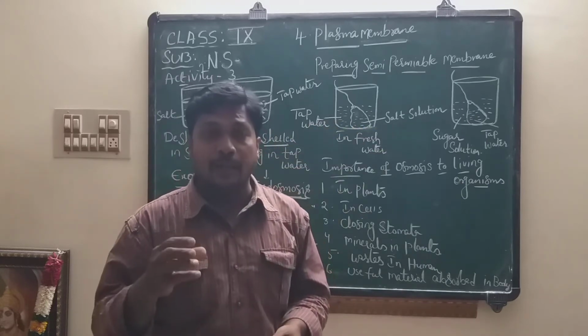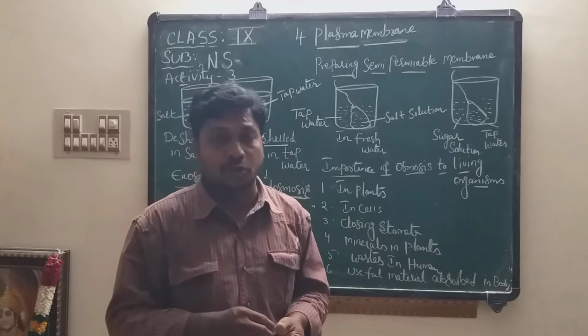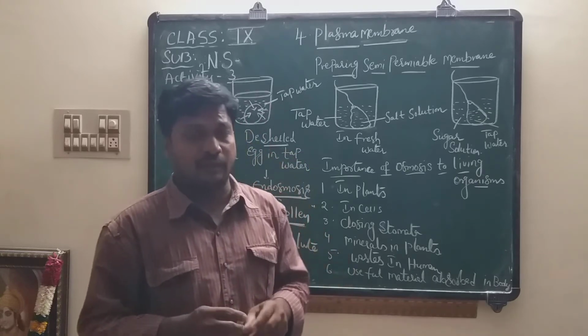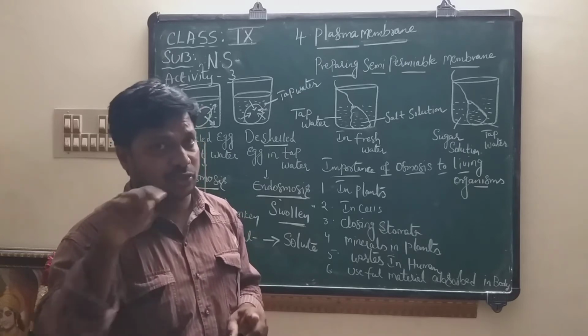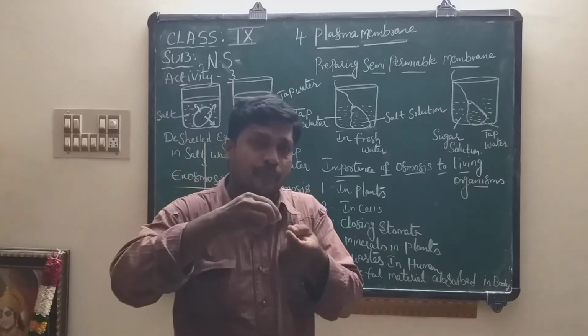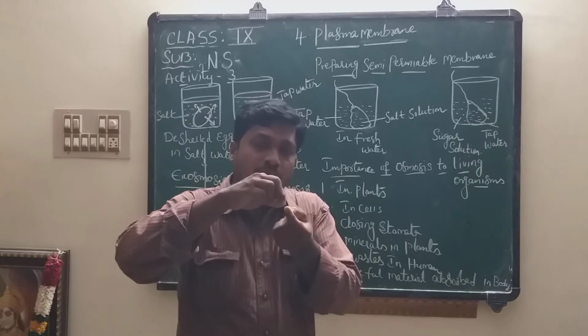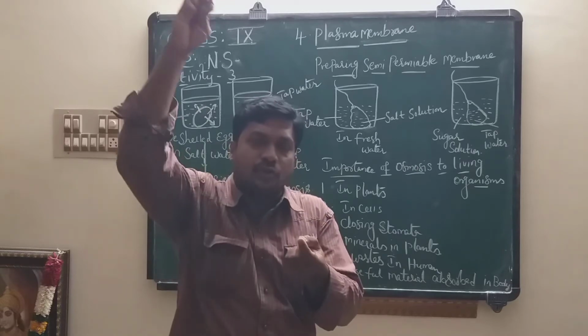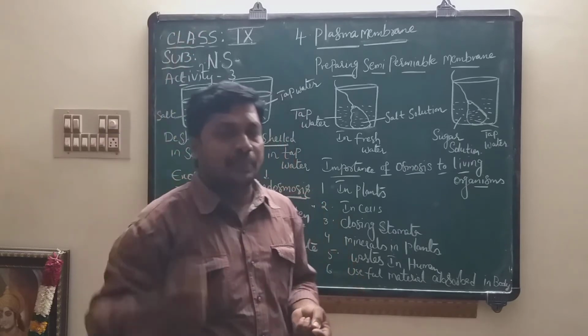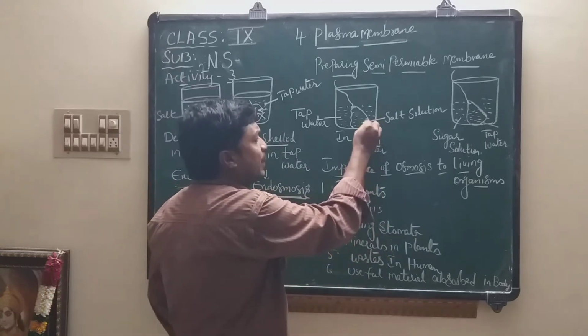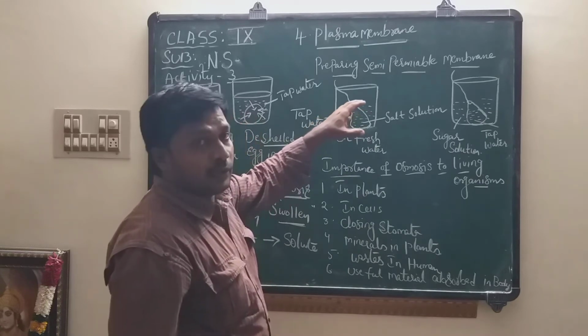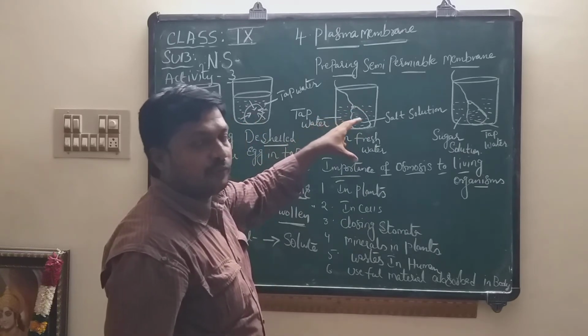If you keep the raw egg in dilute HCl solution for 4 to 5 hours, the shell, which is made up of CaCO3, will be dissolved. With the help of a pencil, make a hole in the layer of the egg and take out the semi-permeable membrane, the thin layer, from the egg.